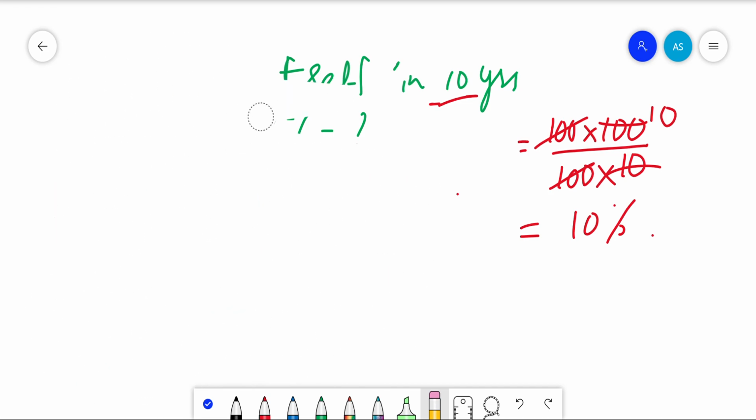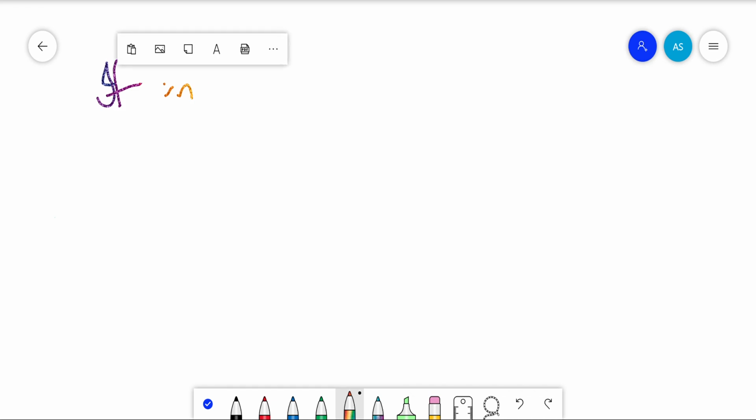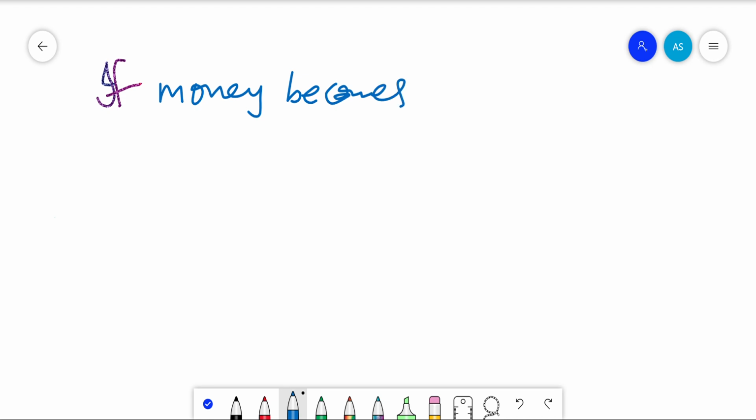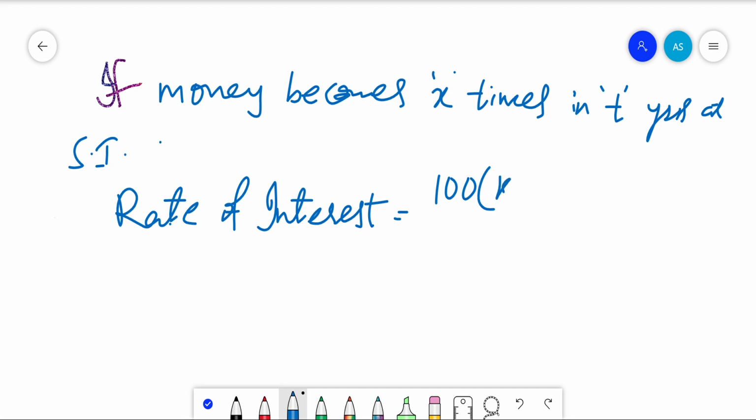See, here the formula is: if the money becomes x times in t years at simple interest, then rate of interest is equal to 100 into (x minus 1) by t.